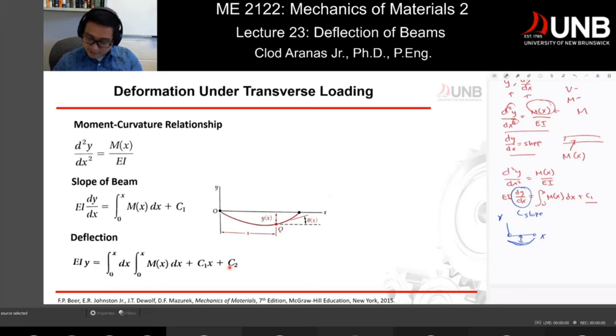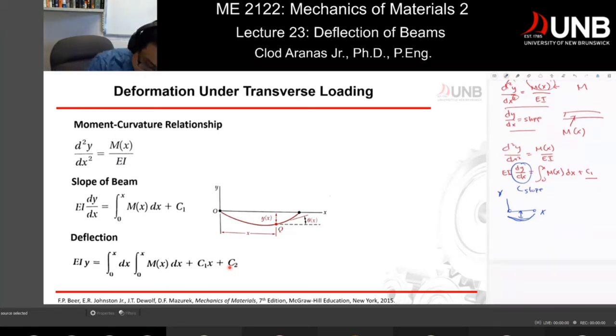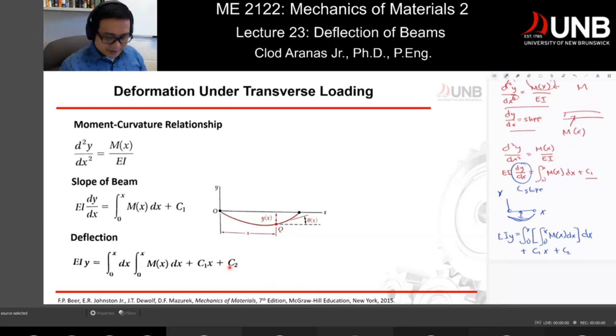I normally write it this way: EIy is equal to the integral from 0 to x, and earlier I also did the integration for my M dx, everything is dx. So I normally write it this way, other than this one on the slide, plus C1x plus C2.